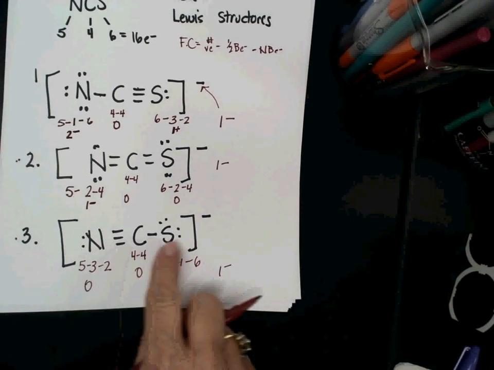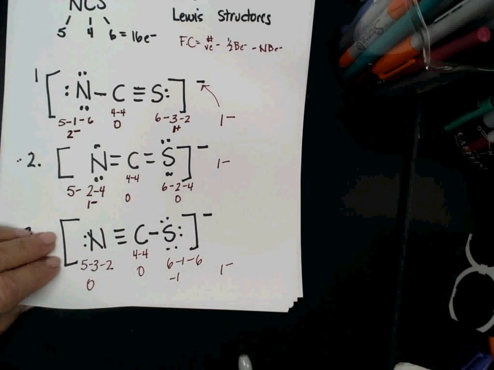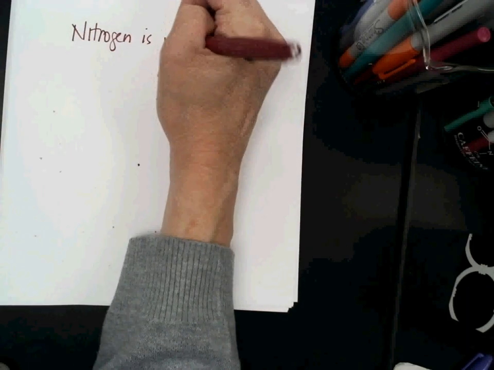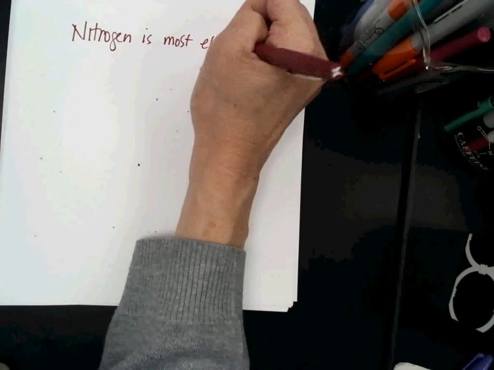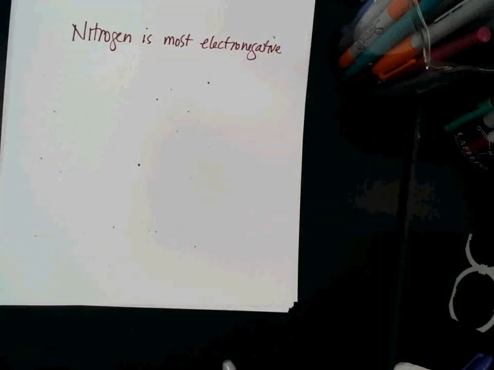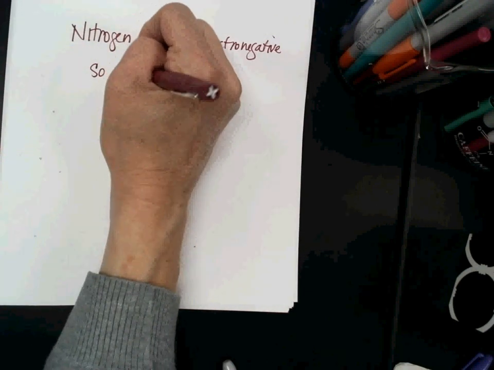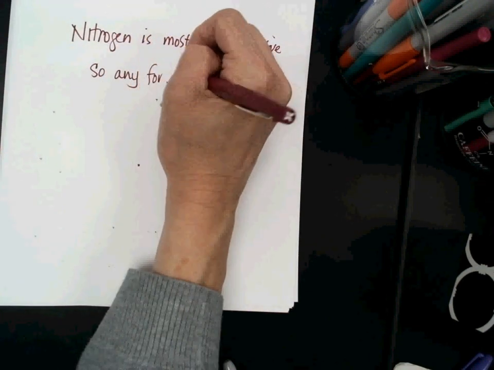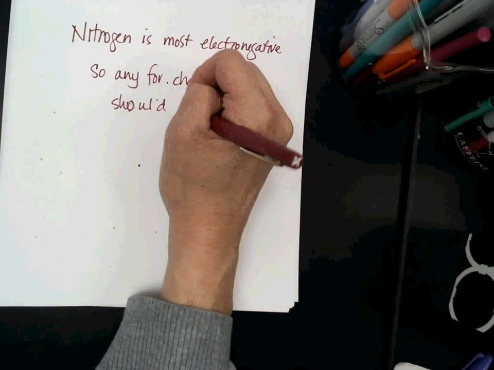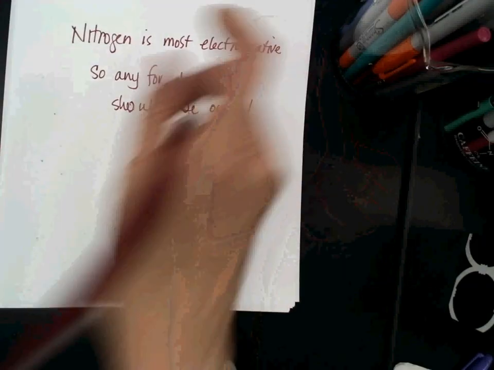So when I look at these three things, which one is the most electronegative? My nitrogen is most electronegative, more so than S or C. So any formal charge should be on nitrogen.